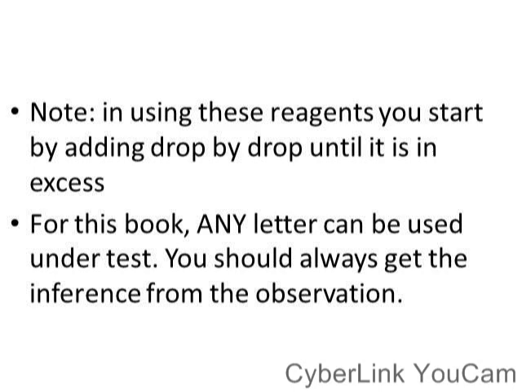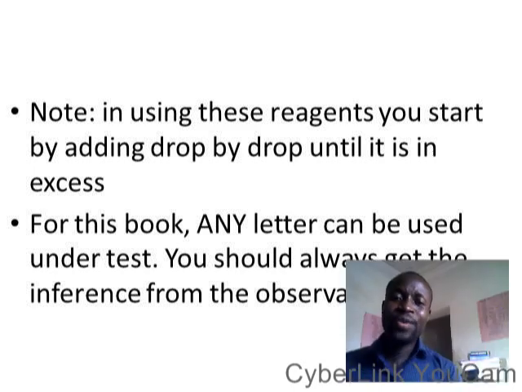What I mean is letter A could be used, letter B could be used, letter K could be used, letter P could be used under test, because we are going to do test, observation, and inference. You should always get the inference from the observation. When you look at the observation, the inference will naturally come to your mind.